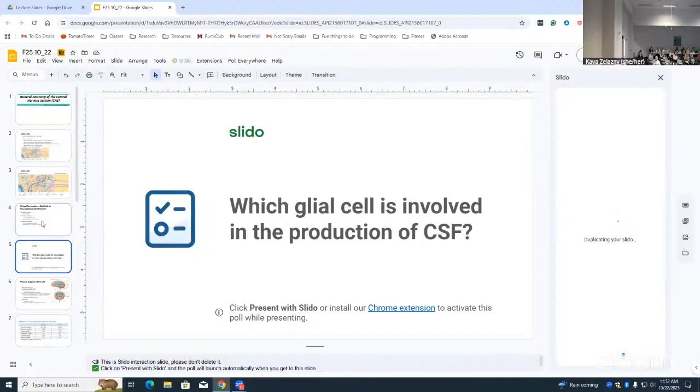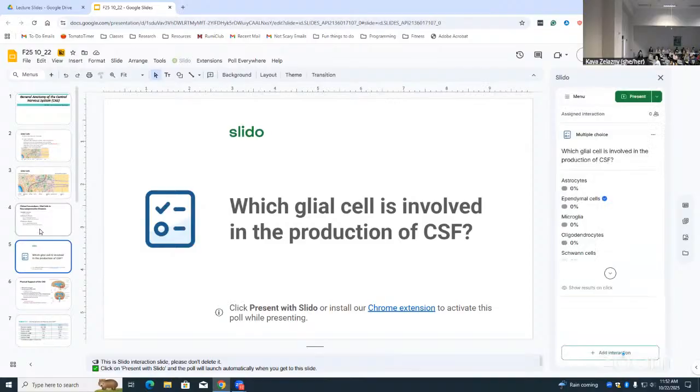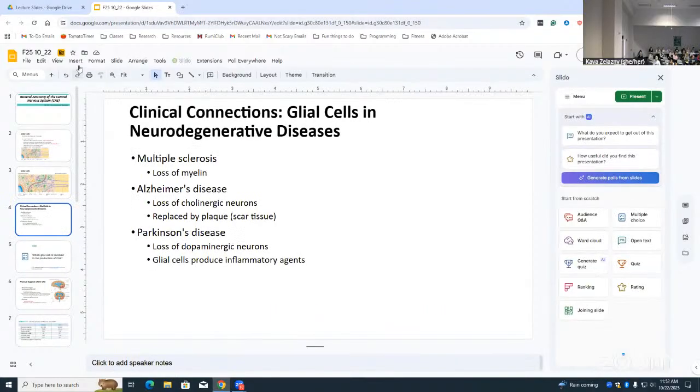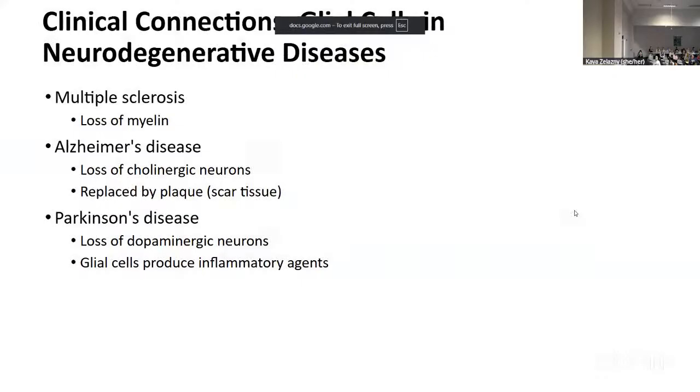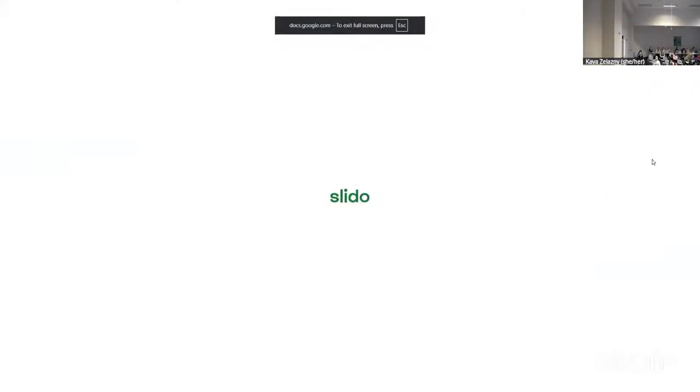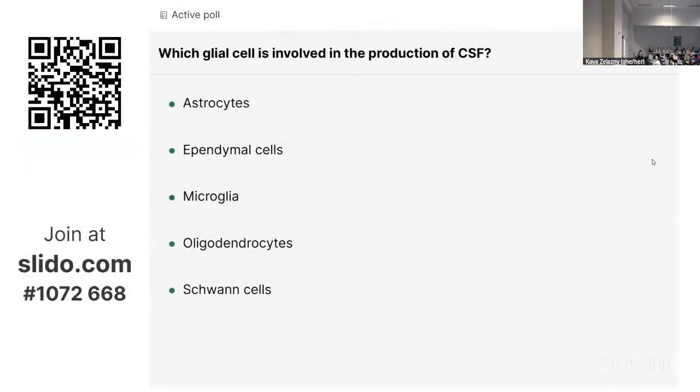So an example type of question on this material, at the level that you should know it, is basically being able to recognize the basic types of glial cells. So I might ask you, which of the glial cells is involved in producing cerebrospinal fluid?